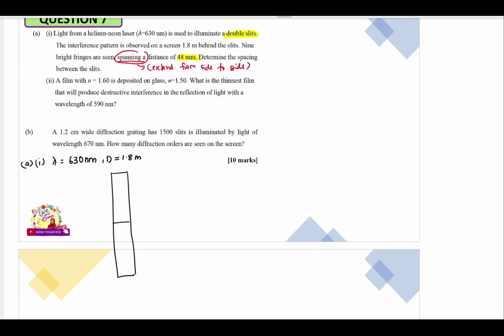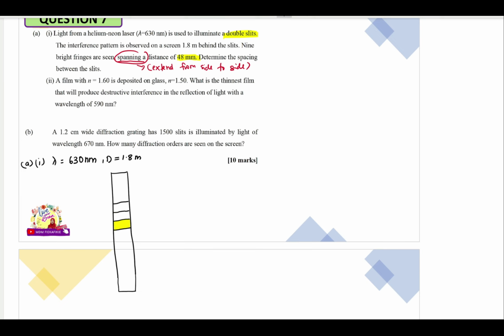Okay, kita observe 9 bright fringes. Sekejap saya buat panjang sikit. Kalau ini adalah yang tengah yang kita nampak, central bright fringe, kalau boleh kita buat sama besar lah, sebab ini adalah double slits. So kalau sini kita nampak central bright fringe, ini akan jadi warna hitam.